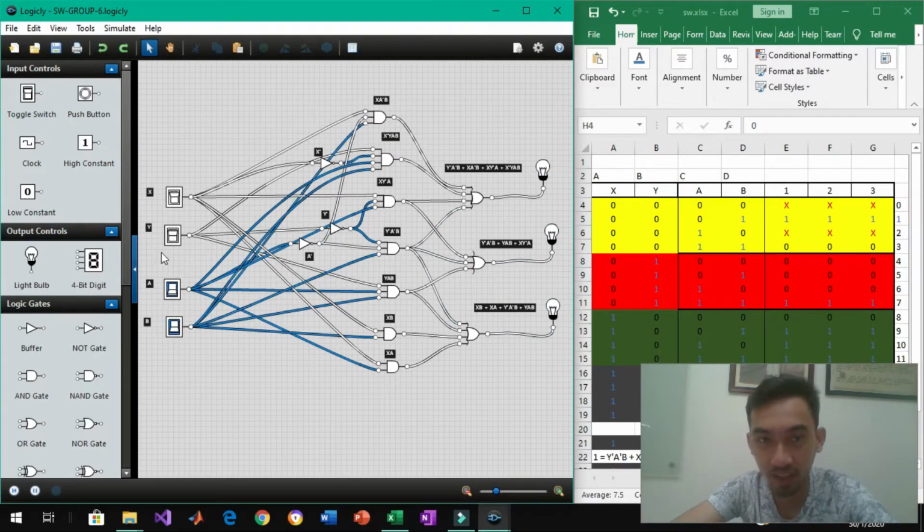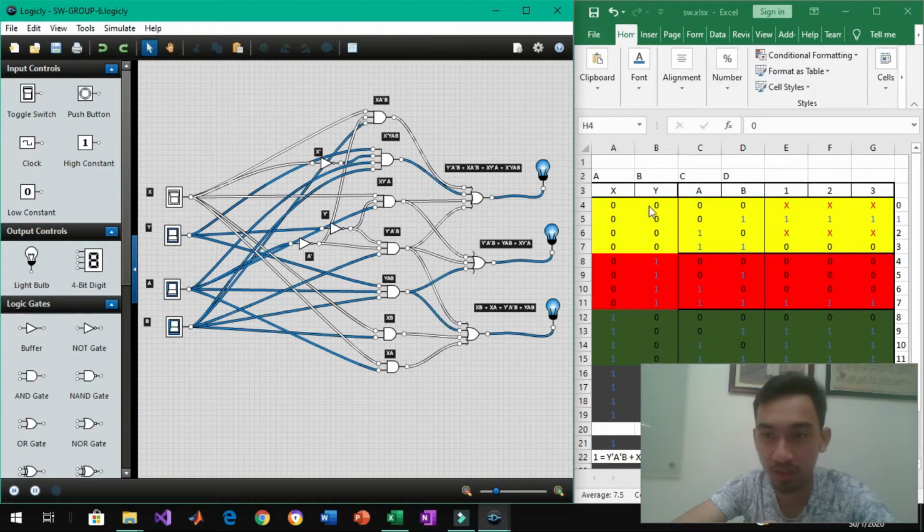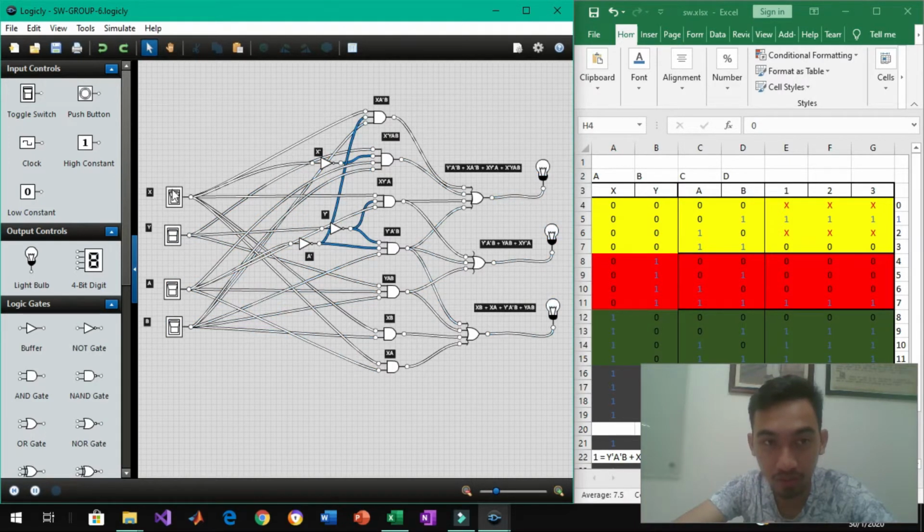Then 3, 4, up to 6 should be zeros at all outputs. So this is 4, 5, 6, and then 7 should be all ones. 8 should be all zeros.